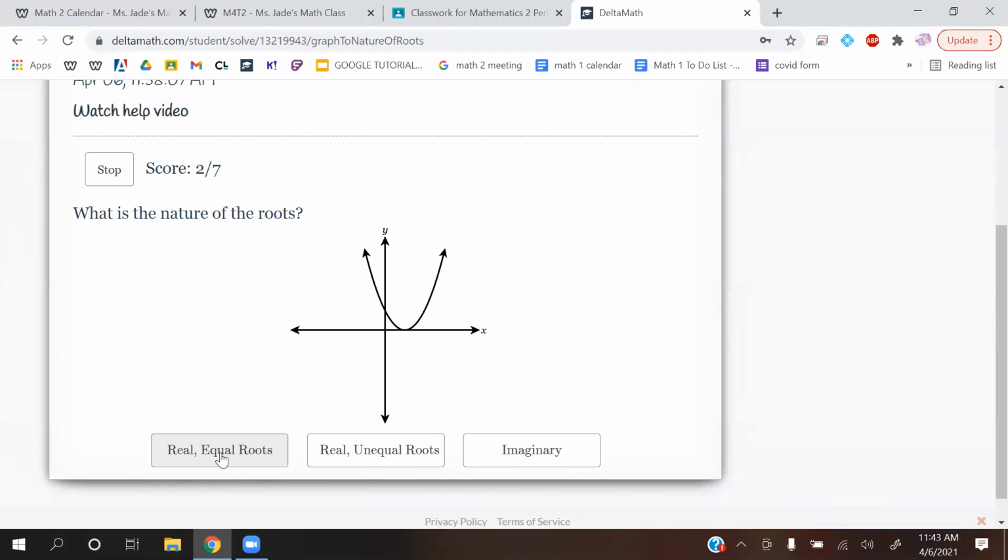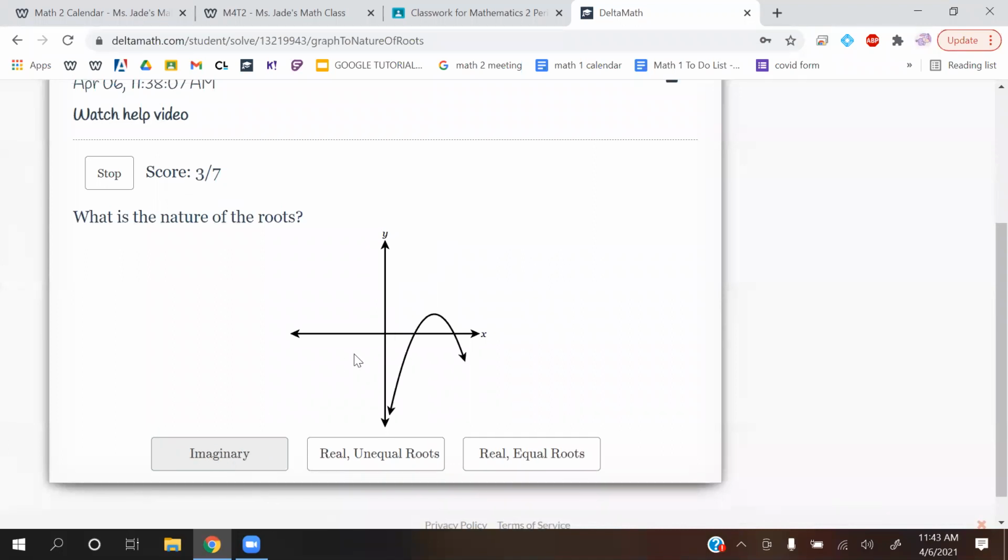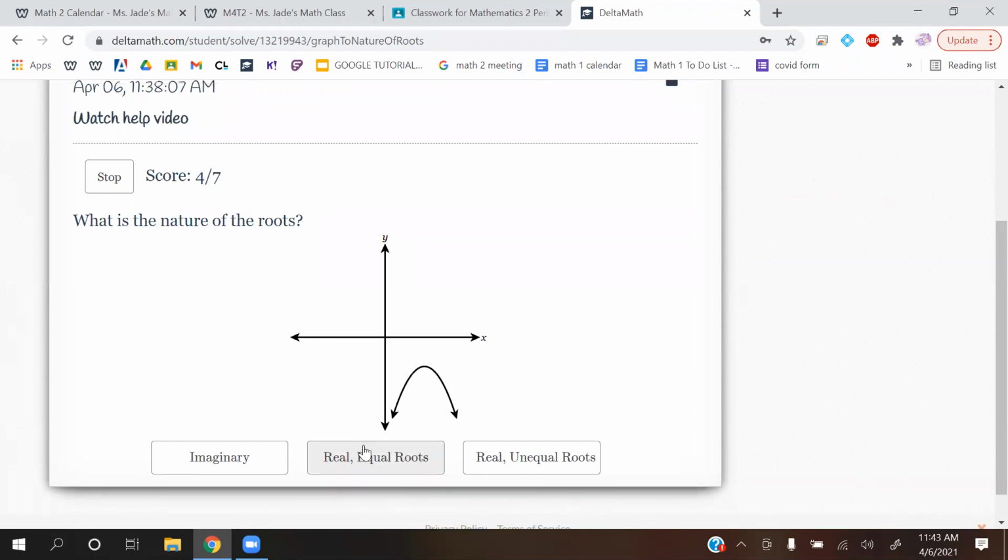So real equal roots. This one, it's upside down, but that's okay. It touches it twice. So this is real unequal roots because this root is not equal to this one. They're literally different numbers. They're different spots. So it's real and unequal. This one is floating. It's upside down, but it's still floating. Like it's not touching your x-axis at all.